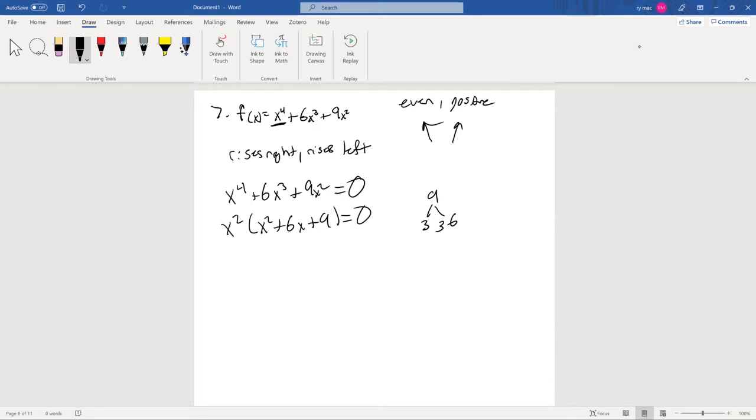Another thing you could observe, which is another one of those factoring tricks that I'm going to show you at the end, you can see that this is a square and this is a square, and this equals 2 times AB, if you were to call this a squared and b squared. So it's going to end up being x squared parentheses x plus 3 squared.